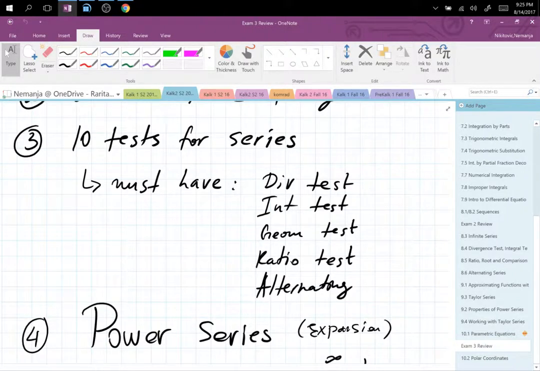Divergence test. And I already told you that you should always check the divergence test first, unless you see immediately that the problem is geometric, which converges if r is between -1 and 1, right? Or a p-series. Those are extremely easy tests.